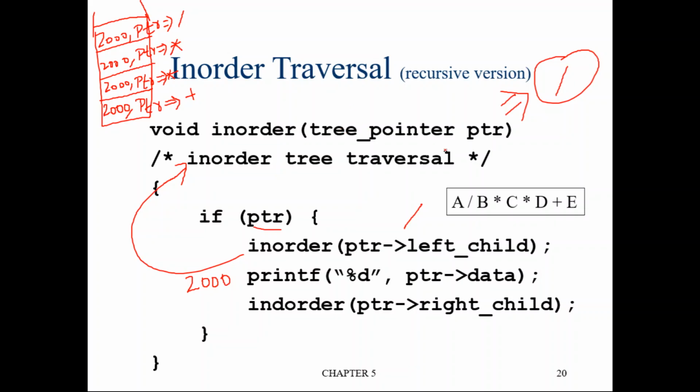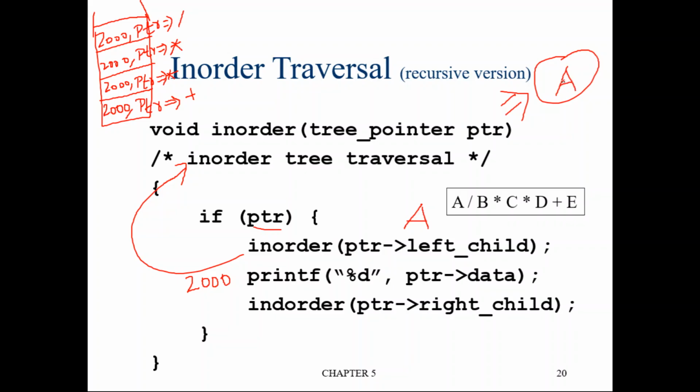Now what is the left of slash? The left of slash is a. So now inorder will be called with a pointer to the node a, the starting address of node a.